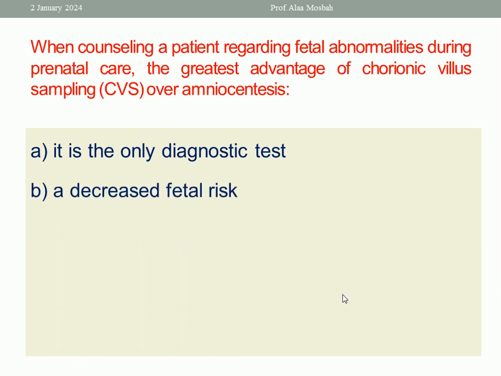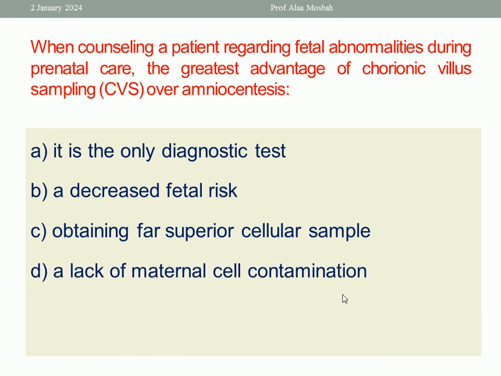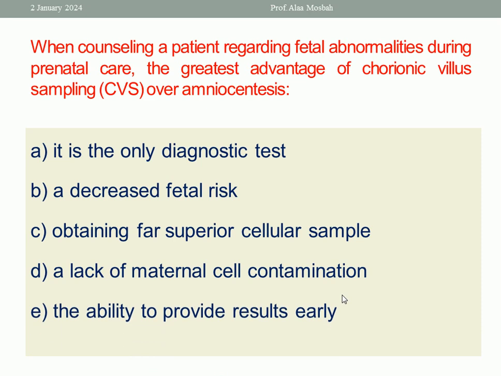B. A decreased fetal risk. C. Obtaining a superior cellular sample. D. Lack of maternal cell contamination. E. The ability to provide results early. Please choose the one best response.